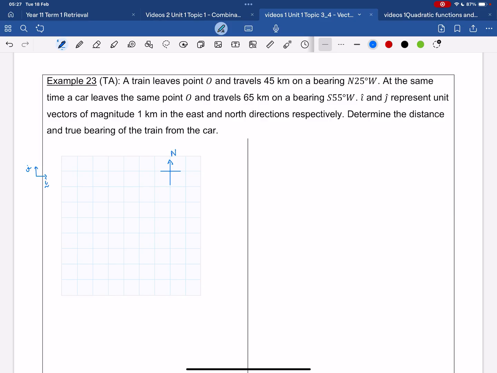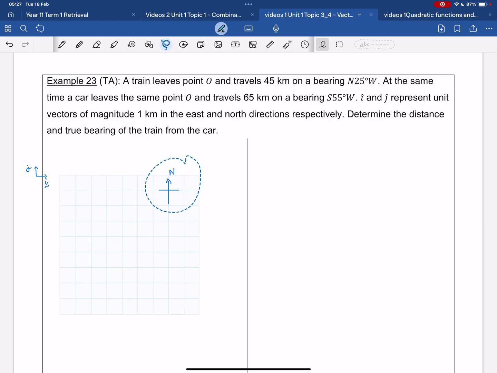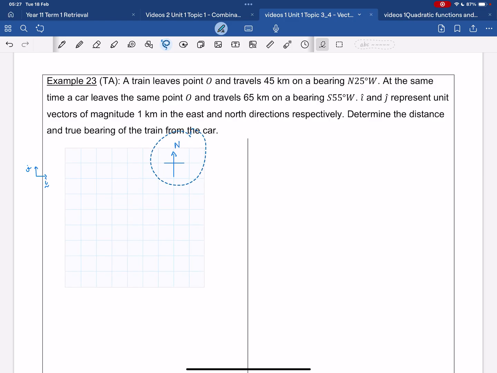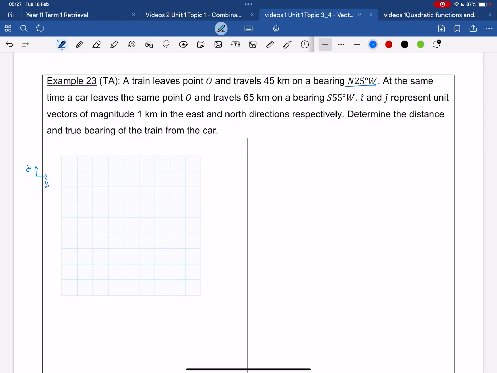Now I'm going to move that down a bit, because I'm moving in a northerly direction and in a southerly direction, so I need to have a little bit of space on my grid. So I'm going to just move my north, south, east, west. There we go. All right, now this is point O.